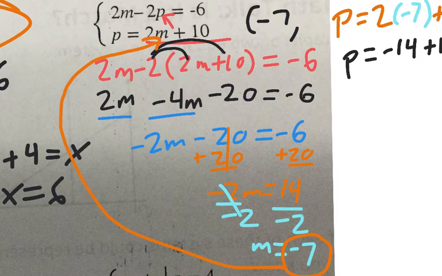And then negative 14 plus 10 is negative 4. So my ordered pair, the point where those two lines meet, is at negative 7, negative 4. Questions? Again, this is called solving a system of equations by substitution.